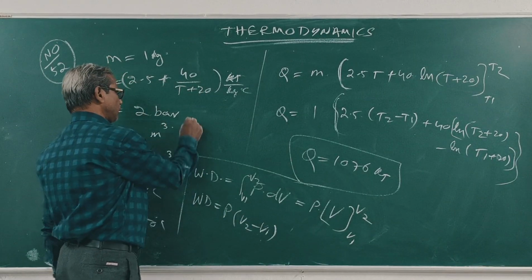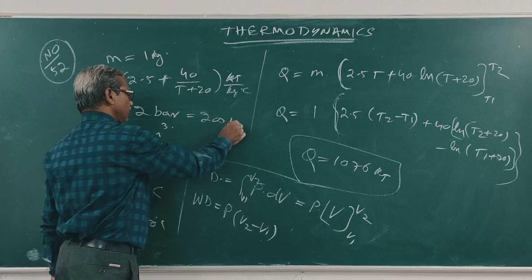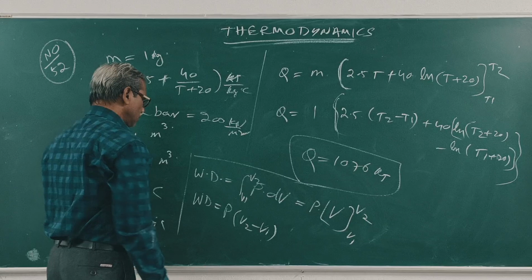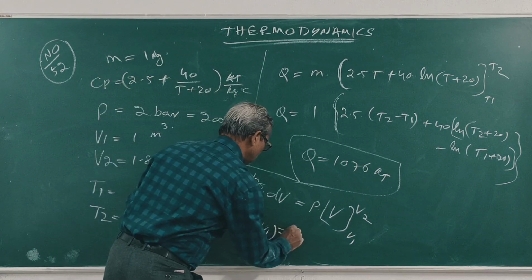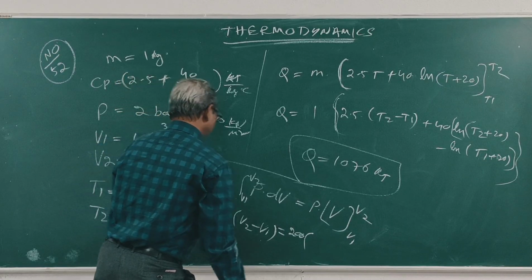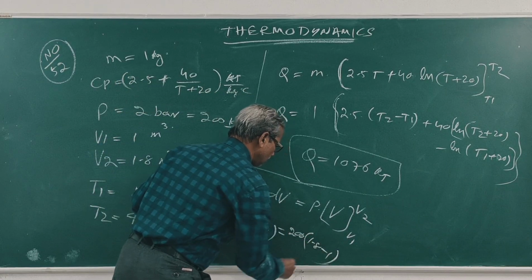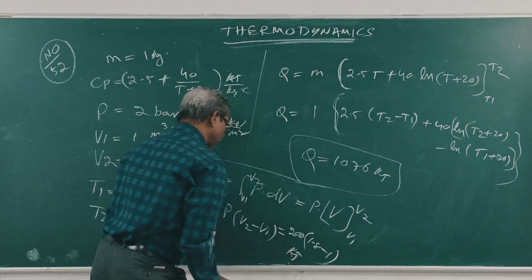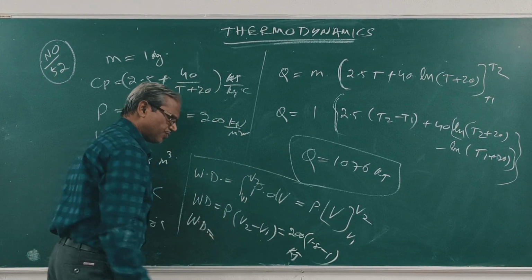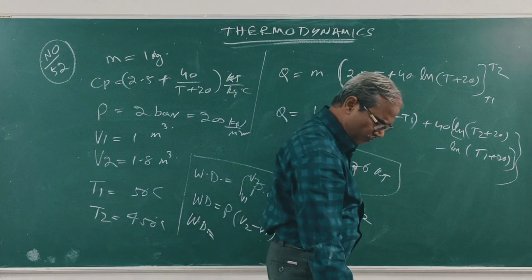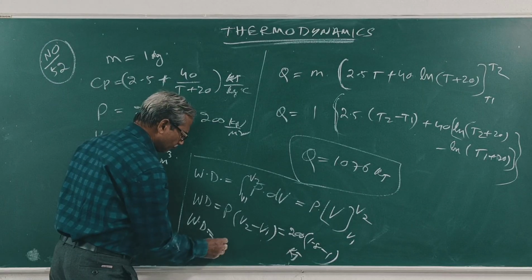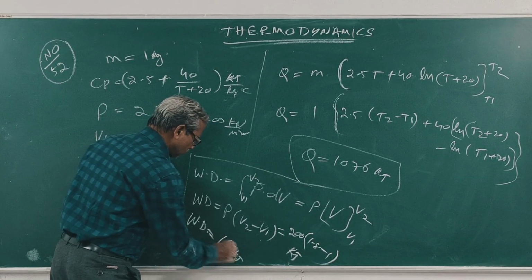What is 2 bar? It means 200 kilopascal, kilonewton per meter square. So this is equal to 200 into (V2 minus V1), 1.8 minus 1. Answer in kilojoule. What is work done? Clear? W is equal to 160 kilojoule.